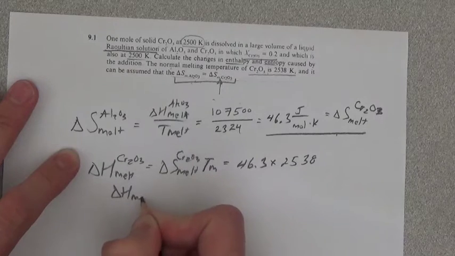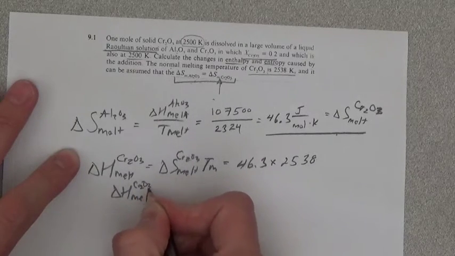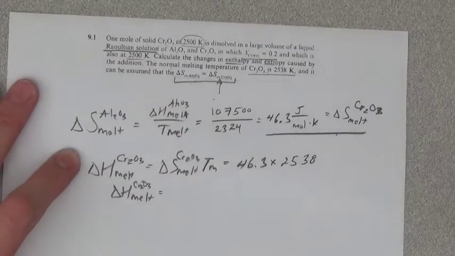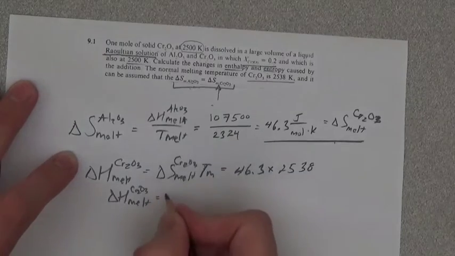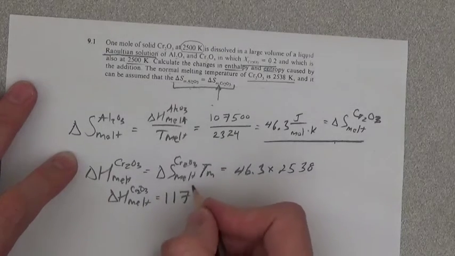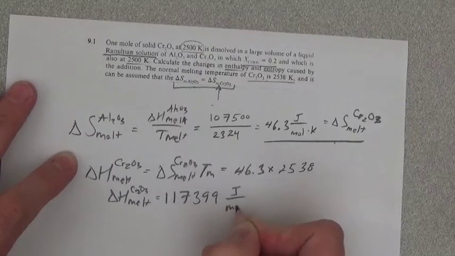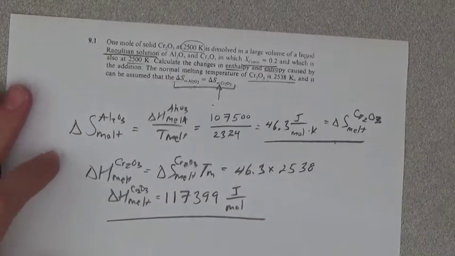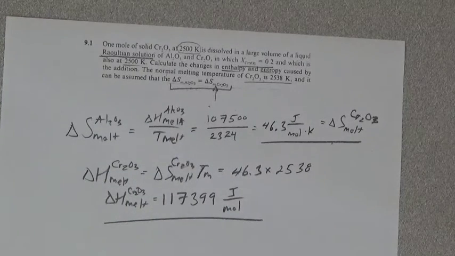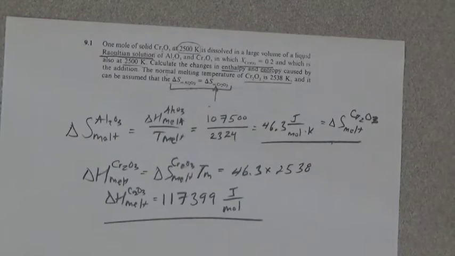What do I have here? Delta H melt Cr2O3 is equal to 117,399 joule per mole. Okay, so we got the latent heat of transformation and the change in entropy that goes with that as well.